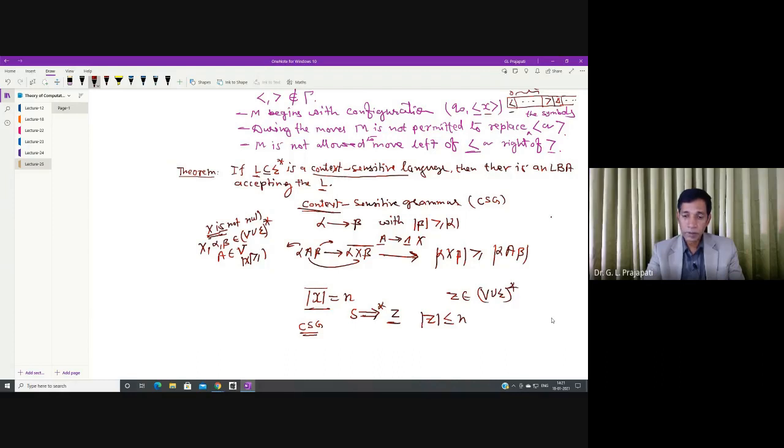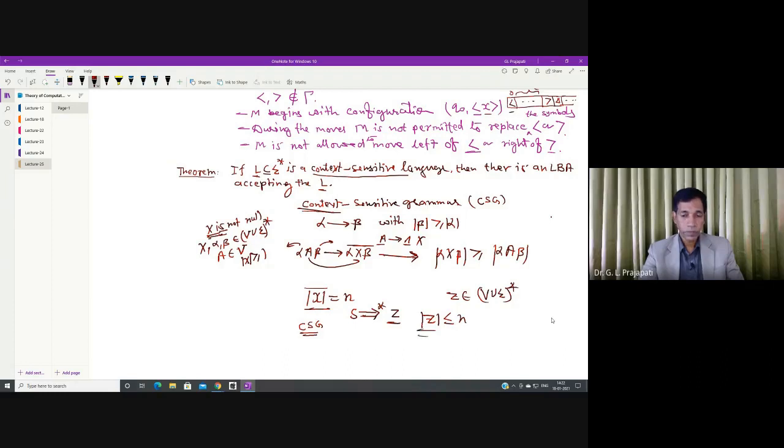But in this case, the length of beta must be greater than or equal to the length of alpha in every production rule, and hence once you increase the length to more than n, there is no way to delete the symbols. That's why in the context sensitive grammar, whenever you generate a string of length n, every working string length must be less than or equal to n.